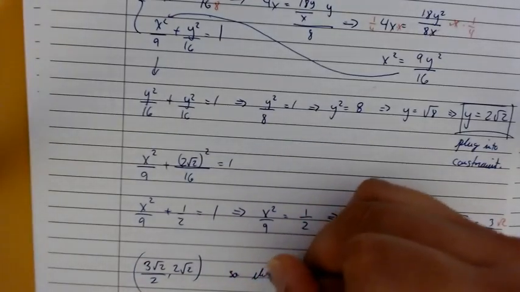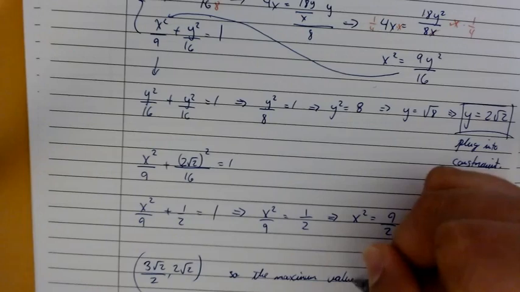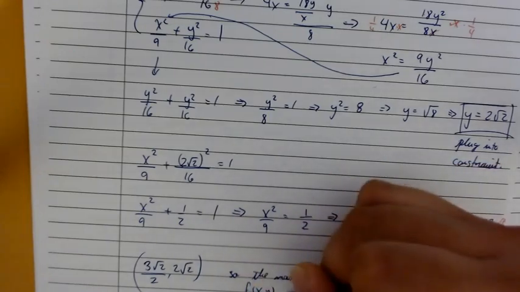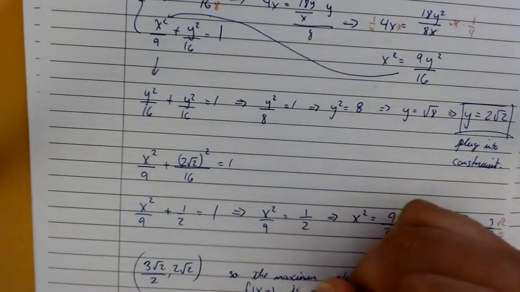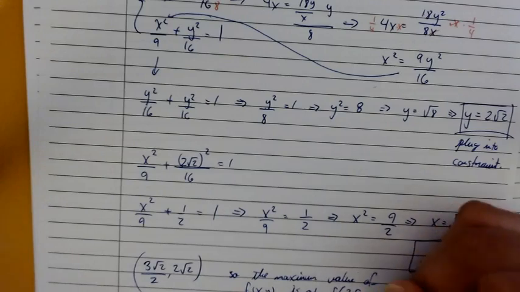So the maximum value of f of x comma y is at f of 3 root 2 over 2 comma 2 root 2, which is equal to 4 times the x times the y.